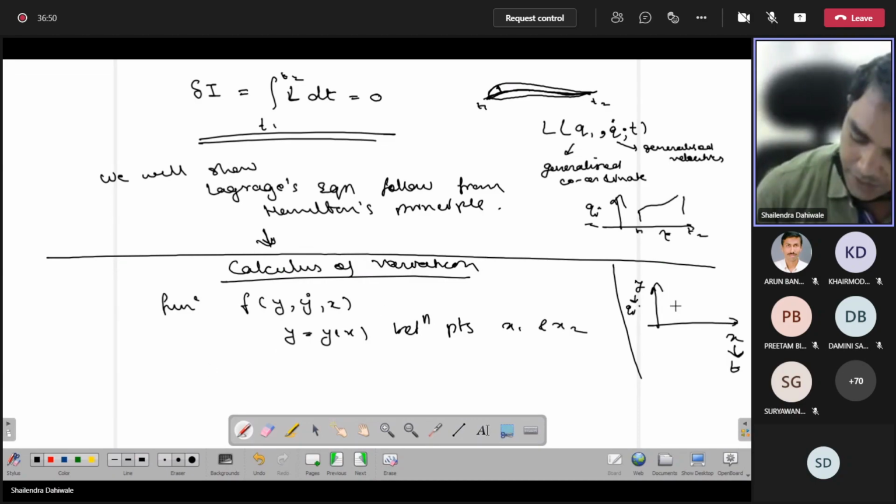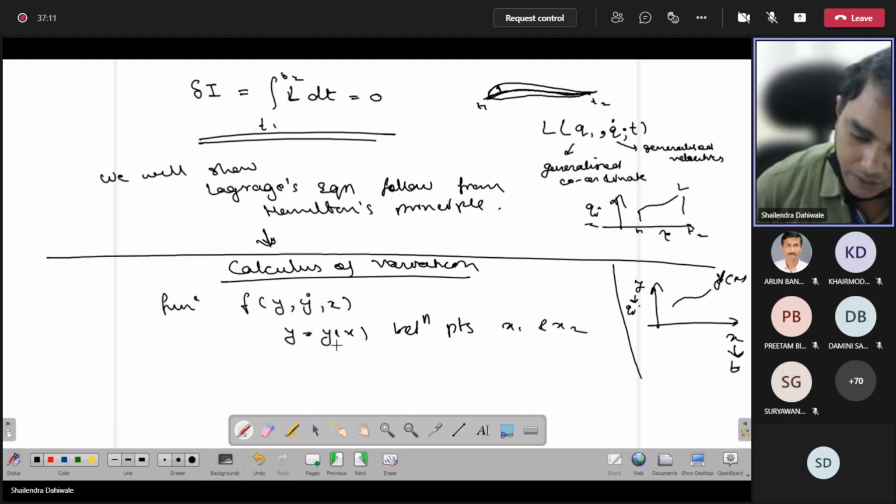So here your L was following that path, and here f of x, y equal to y of x is following that path. So what is our aim?